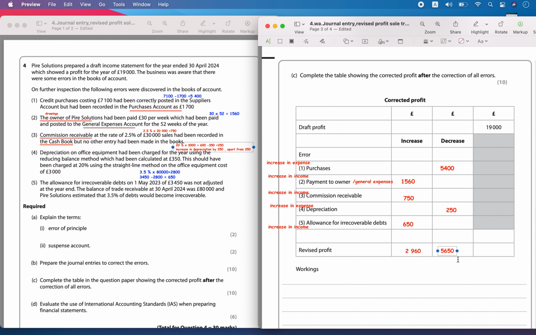We can see that the decrease is more. So the decrease value is going to be 5650 minus 2960, which is 2690. So 2690 is the decrease. The overall profit is going to go from 19,000 to 16,310.